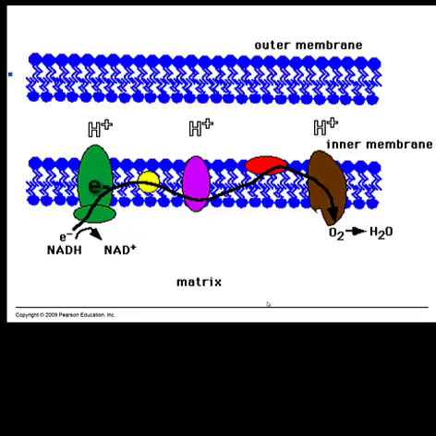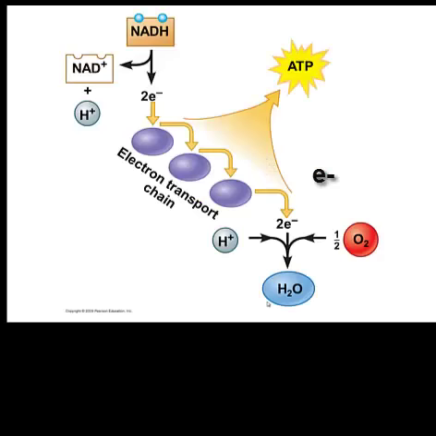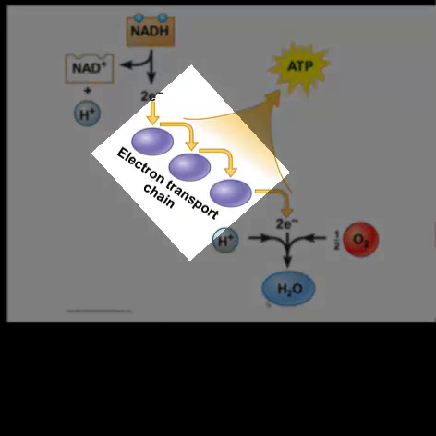But as those electrons flow from the beginning to the end, oxidation reduction reactions are occurring because electrons are being transferred to each of those proteins. Every time that happens, energy gets released.